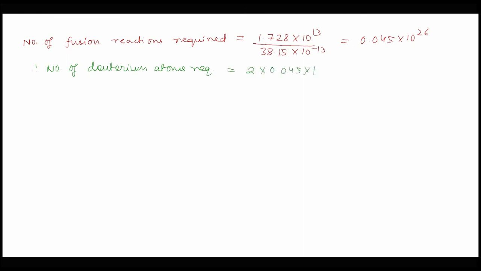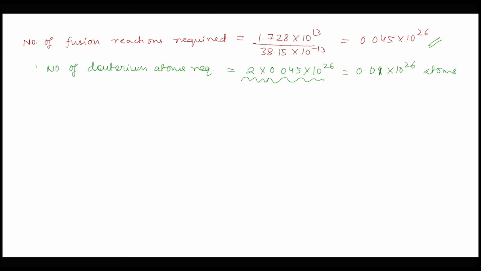We obtain the value of 0.09 into 10 to the power 26 atoms. Here we have used the number of fusion reactions, which is 0.045 into 10 to the power 26, and in each fusion reaction we are using 2 deuterium atoms. So we multiply the two parameters to obtain 0.09 into 10 to the power 26 deuterium atoms that are required.